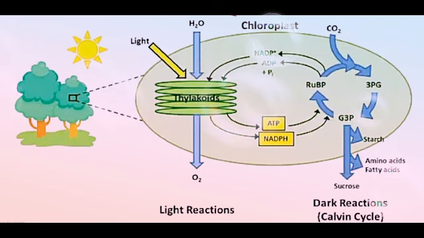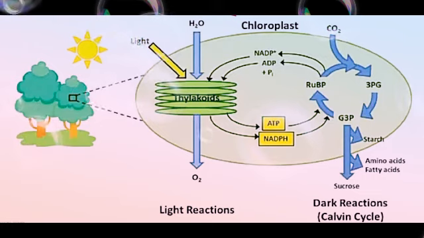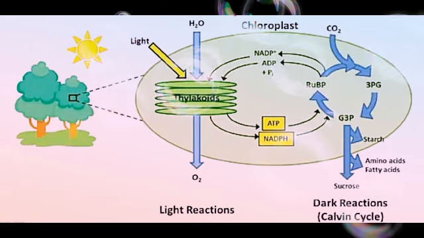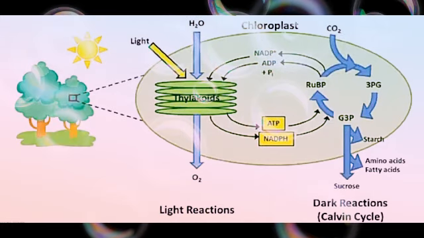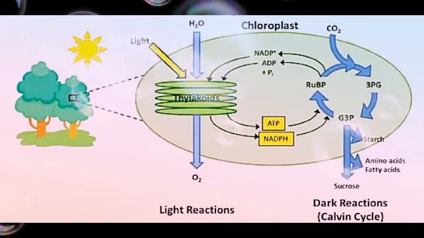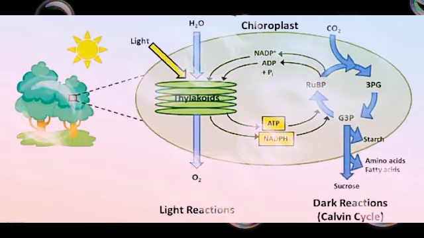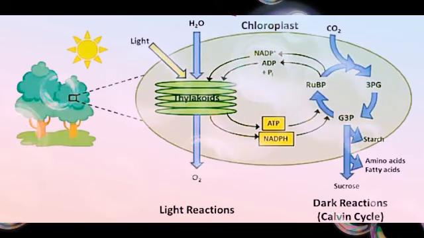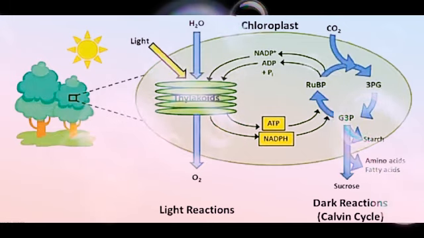And there is splitting up of the water molecules by light, that is, 2H2O gives out 4H plus, 4 electrons and O2. This reaction is called photolysis, which means splitting by light.